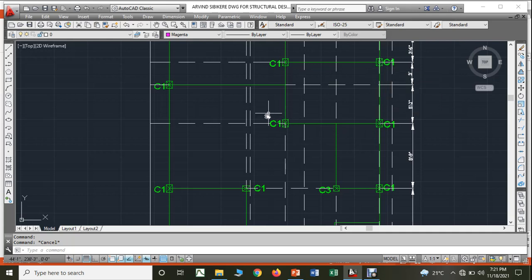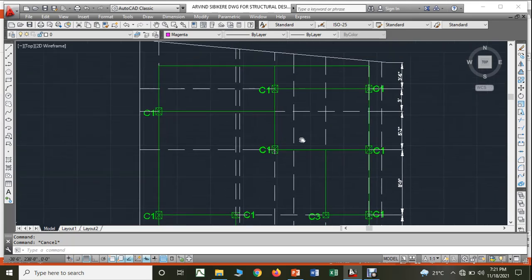Even this is going to receive quite high loading, because this entire area will be distributed to this column, this column, this column, as well as this column. And here the entire load on the slab will be transferred to these four columns. So usually that is also quite high.